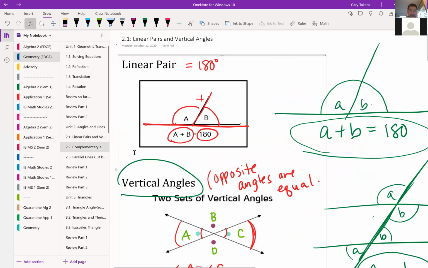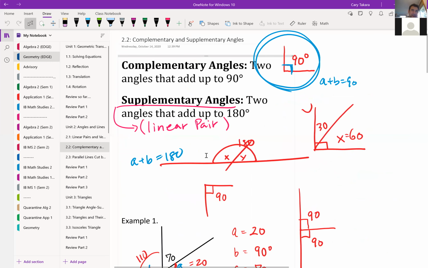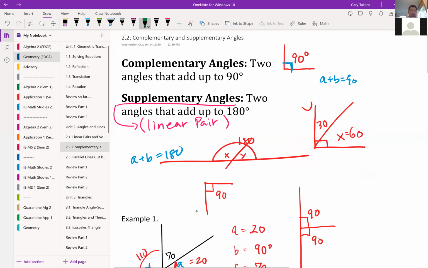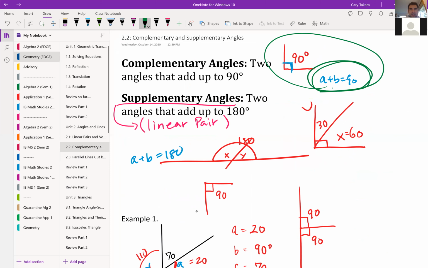Next. And then complementary angles and supplementary angles, I don't think you need to worry too much about this one, but just to go over, complementary angles are 90 degrees. So A plus B equals 90. And then supplementary angle is just like a linear pair.